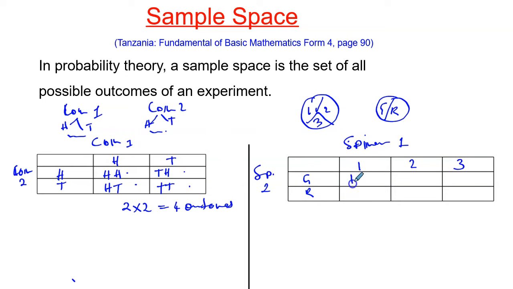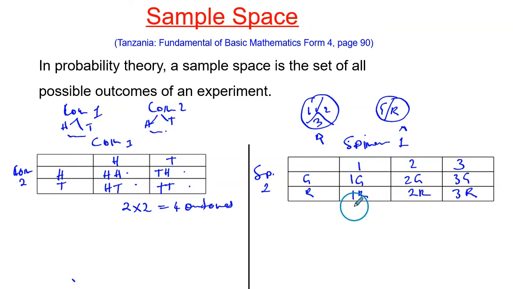So I could get 1 and green, 2 and green, 3 and green. I could get 1 and red, 2 and red, 3 and red. So here you go, all the possible outcomes. Well, 1, 2, 3, 4, 5, 6. Again, we can see this one has 3 possibilities and this one has 2 possibilities.